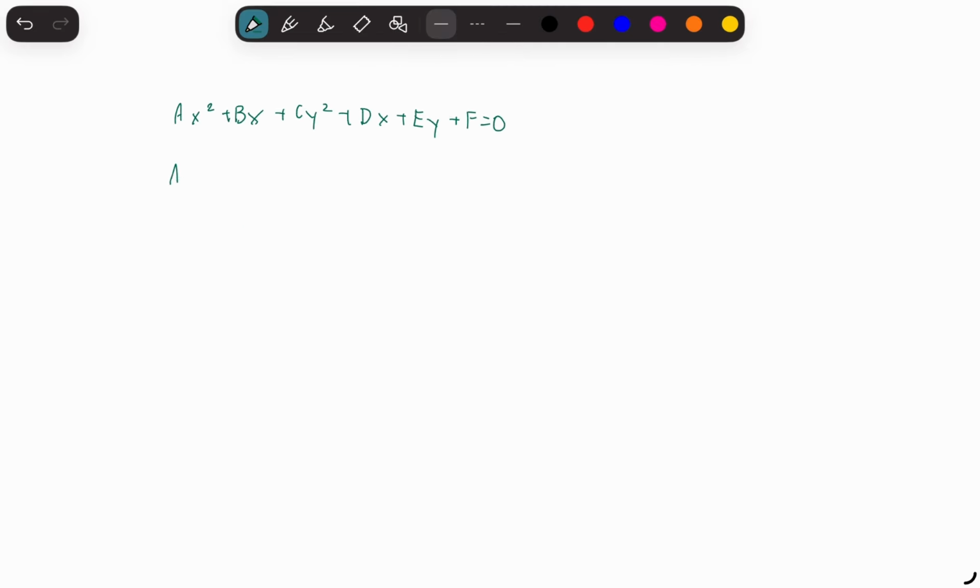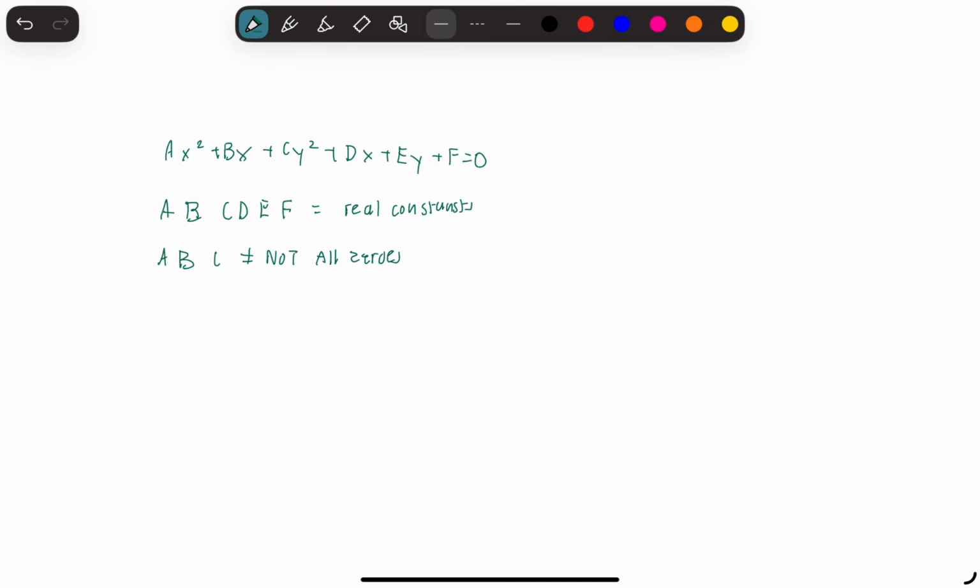The general form is ax squared plus bxy plus cy squared plus dx plus ey plus f is equal to 0, and a, b, c, d, e, f are all real constants, and a, b, and c are not all zeros.